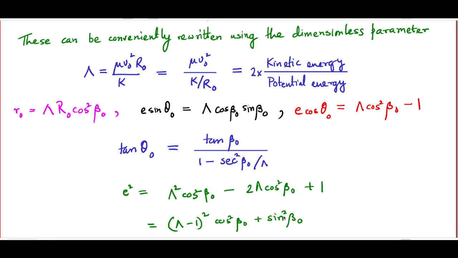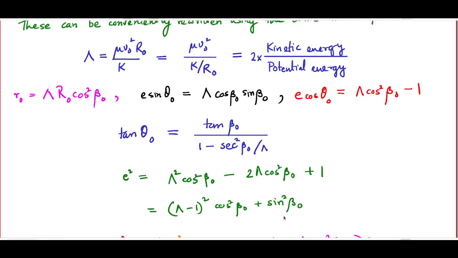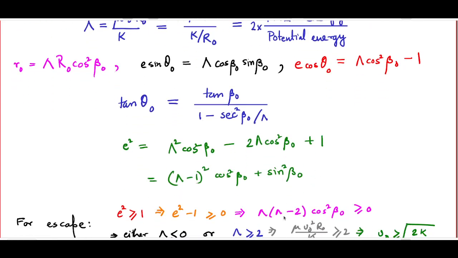Now using that, we can easily figure out that if you want to have an unbounded orbit, you must have e square minus 1 being positive, which means this thing has to be positive, which boils down to lambda into lambda minus 2 cosine square beta 0 being greater than or equal to 0. Now cosine square beta 0 is always positive, so this boils down to the factor lambda into lambda minus 2 being greater than or equal to 0.